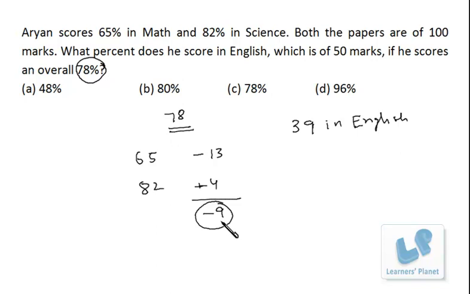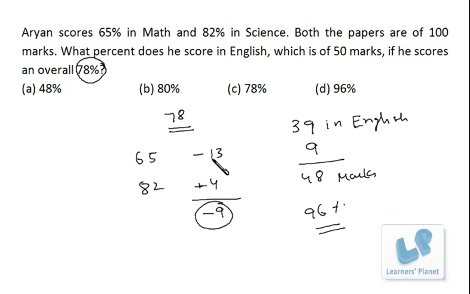So these 9 marks he should get in English extra, so the overall will be 78%. So if he gets 9 more marks, he'll be getting 48 marks in English, and 48 out of 50 is 96%. It's a very simple concept, and we have solved the problem through the deviation method.